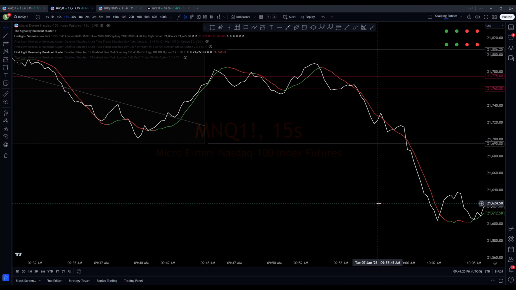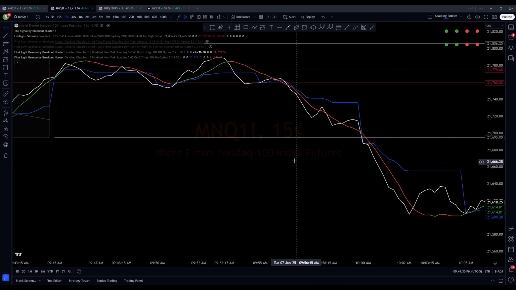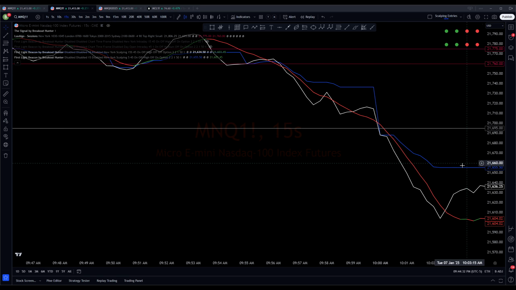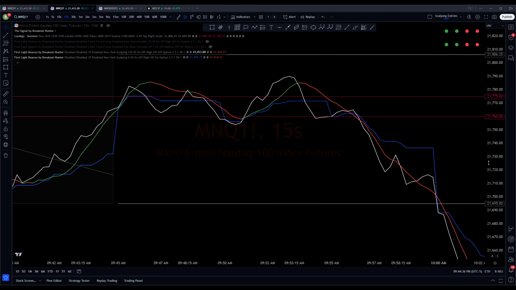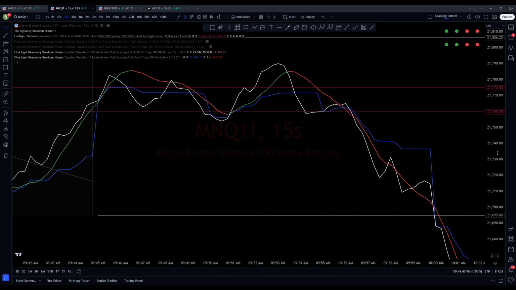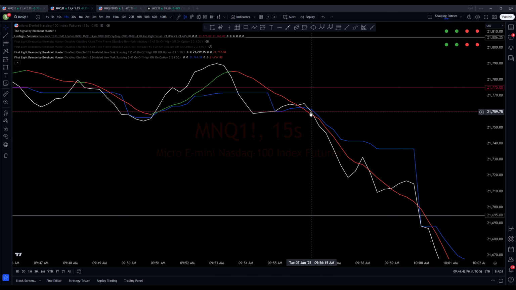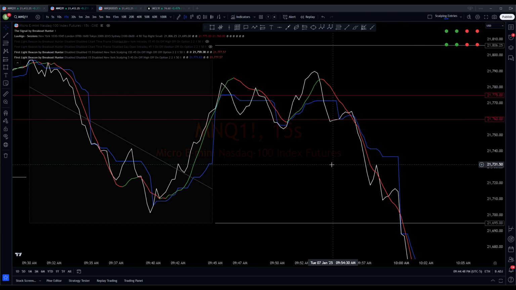It's not exactly what it is, but it's the only way I know how to describe it. And then here's our 5-minute one right here. So it's kind of like a moving average crossover, but a lot more accurate because it's not based on moving averages. It's actually based on price. The 15-second is crossing through the 5-minute while the beacon line is red.